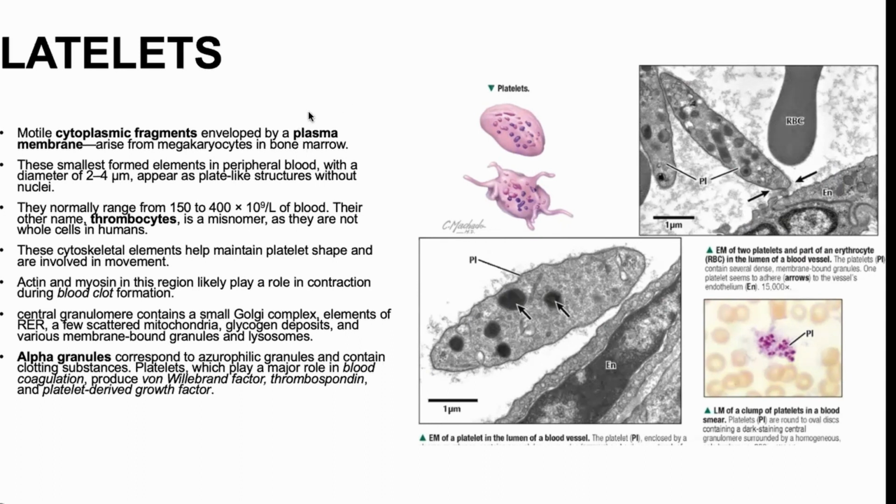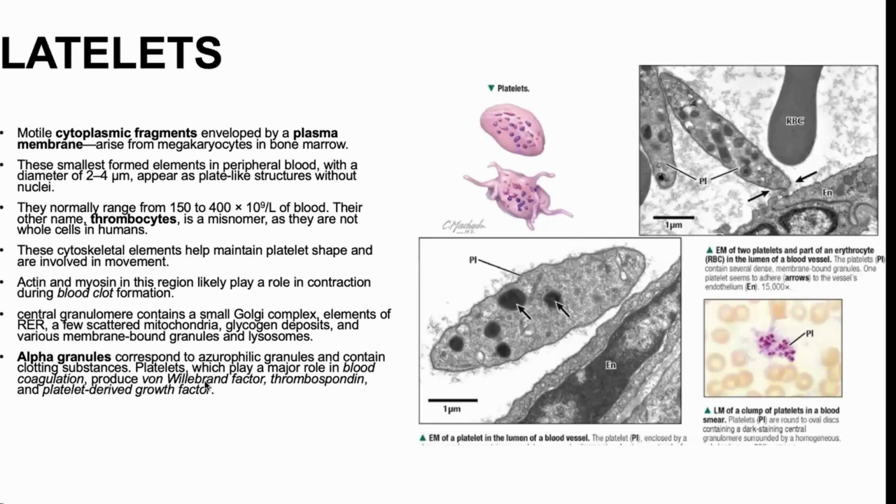So the platelets are very important in, for example, when you get a cut, when you have a breach in the blood vessels, you have platelets just come to the area immediately. You call it platelet aggregation, and then they release a lot of factors like von Willebrand factor.